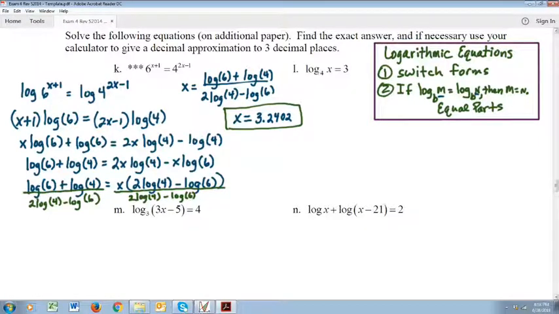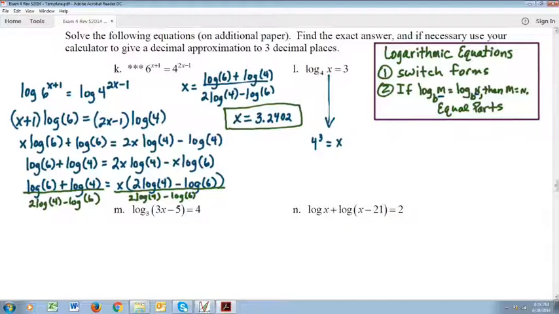So on letter L here, I'm going to put this down here. When we change forms, we get 4 to the 3rd power equals x. Certainly it's not the second case where we have log equals log. On the right side we actually have a number 3, and so all we could do here is switch forms.